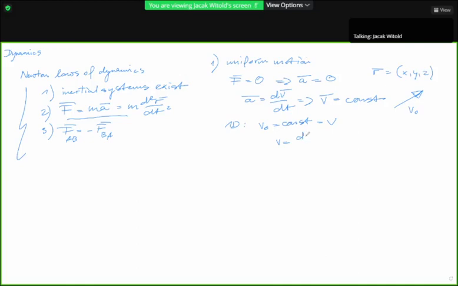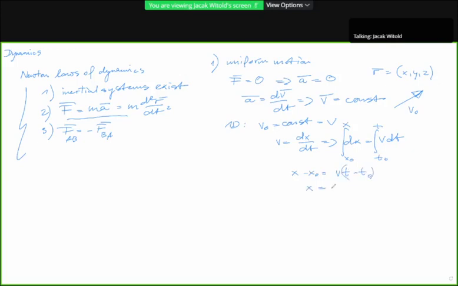So in one dimension, that would be, for example, x, the derivative of x with respect to time, meaning that dx is equal to v dt, and this can be integrated on both sides from x0 to x, from time 0 to t. That would mean that x minus x0 on the left is equal to v(t minus t0).